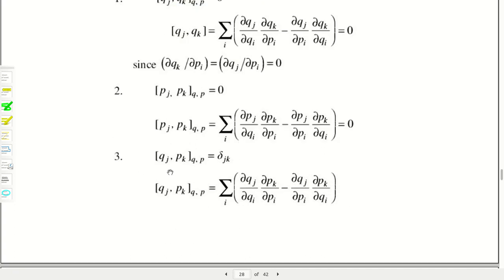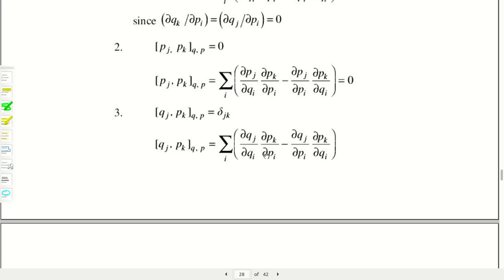But consider this one, this is very important: qj comma pk, that is the generalized coordinate and generalized momentum Poisson bracket, will give you the Kronecker delta, delta jk. So if q and p are the same, that is q1 comma p1, then it will give you 1, but when it is q1 comma p2, then it will give you 0. How to prove that?